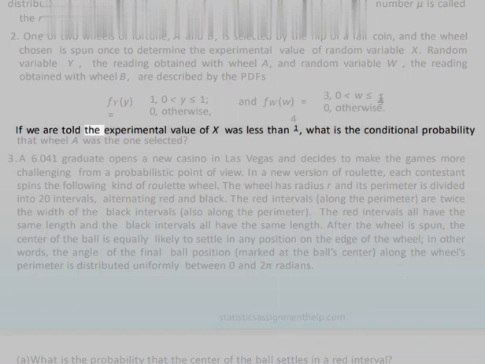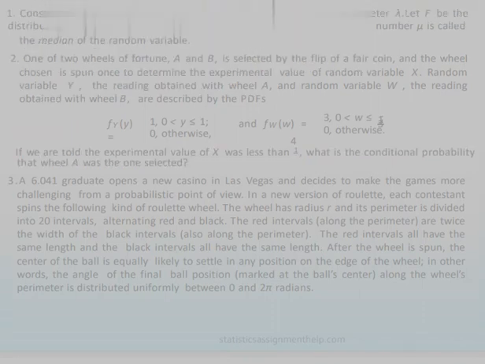If we are told the experimental value of X was less than 1, what is the conditional probability that wheel A was the one selected?